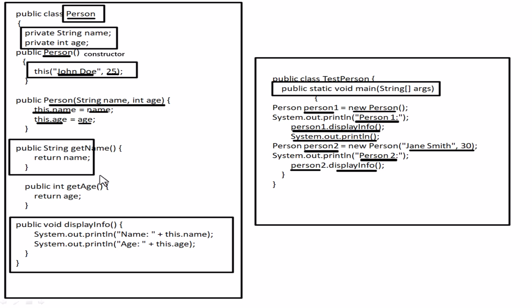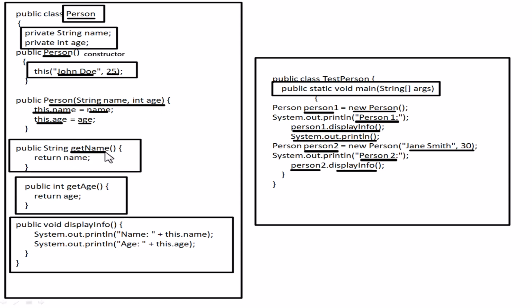By using getName, getAge. Here we have not used setName, setAge because we are passing through the constructor. Here getName, a String, is going to return the name. getAge is going to return the age.